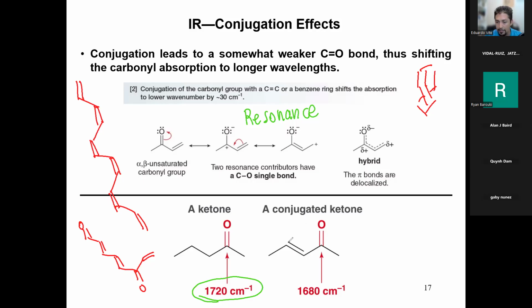And that resonance, you can draw it like this. It spreads out all around these three atoms. So that's going to make that carbon-oxygen double bond weaker. And sure enough, we can find its wave number at 1680, much lower than 1720. So conjugated systems weaken the bonds, so they lower the wave number.